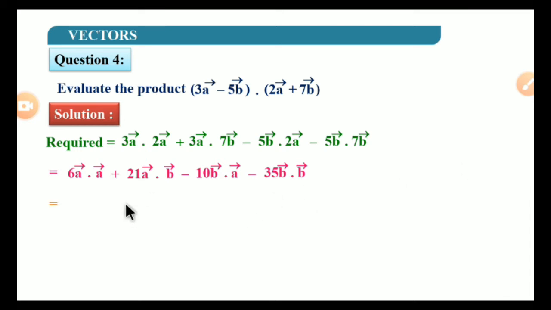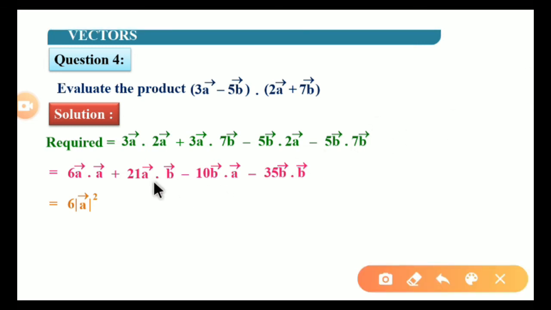Now here we can write 6 into a dot a, that is equal to 6 into magnitude of a square. Here a dot b is also equal to b dot a, both are the same here, so we can add or subtract them.